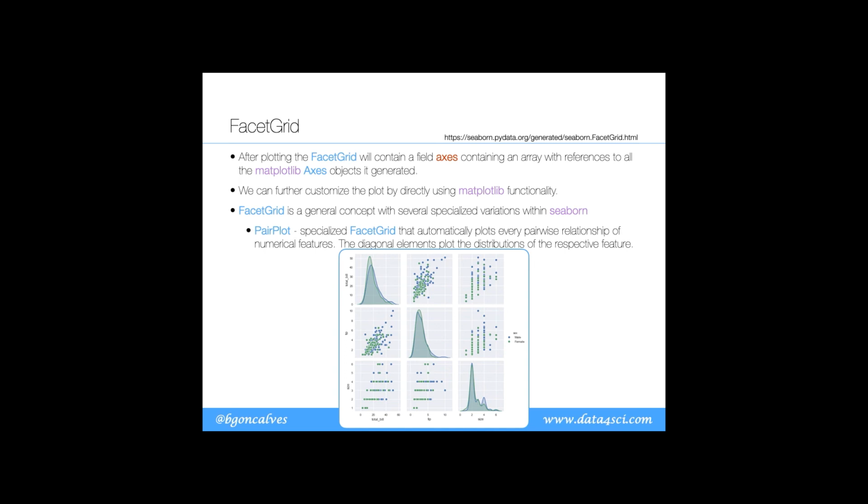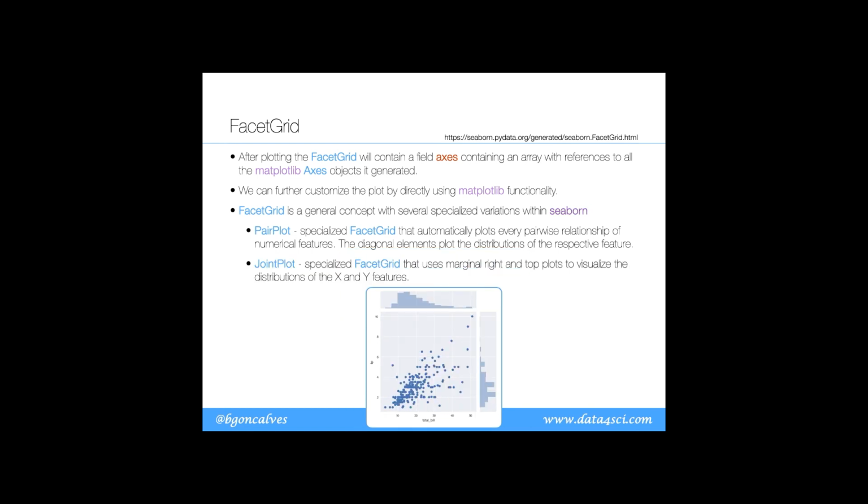Seaborn also provides two specialized versions of FacetGrid. One is pairplot and one is jointplot, that are useful to generate very specific kinds of FacetGrids. Pairplot will generate a matrix of plots where each row and each column will be one of the numerical continuous variables in your dataset, and you'll plot all the pairwise comparisons between them in the off-diagonal elements, and in the diagonal elements we'll plot the distribution of those same variables.